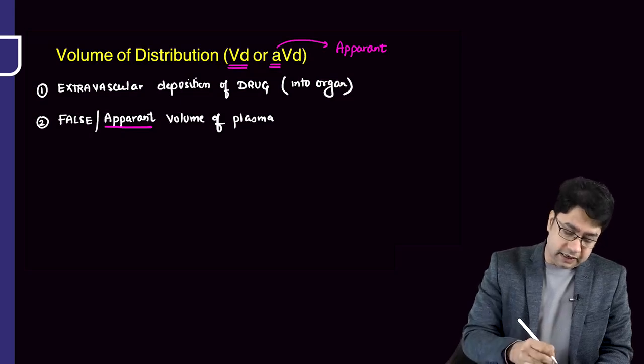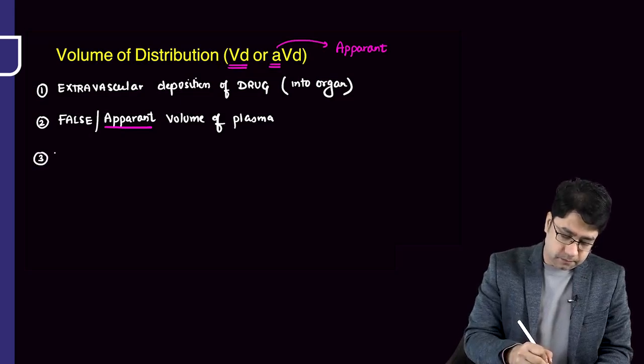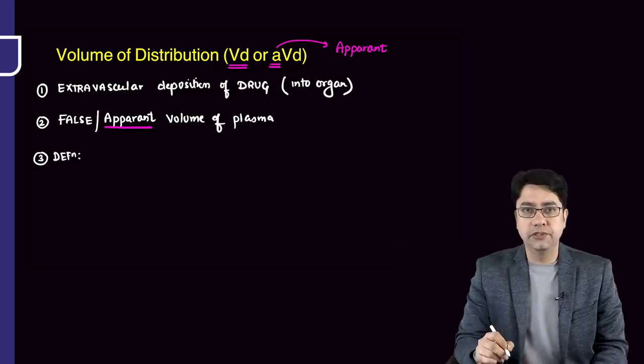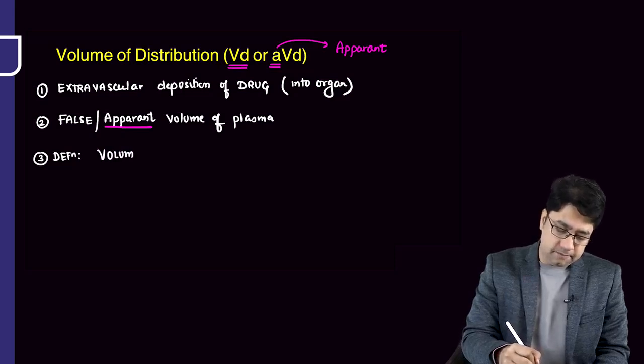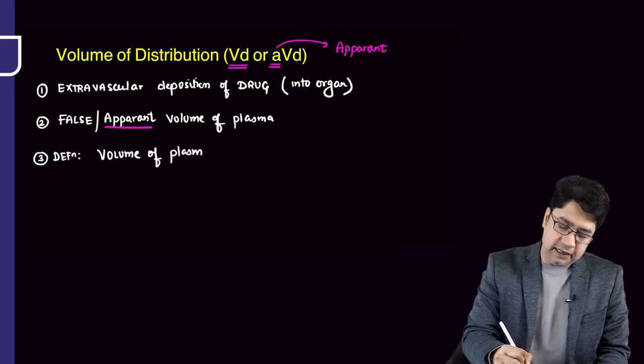Now let's write the definition. So volume of distribution is the volume of plasma, and you write volume as liter or ml. Let me write ml.